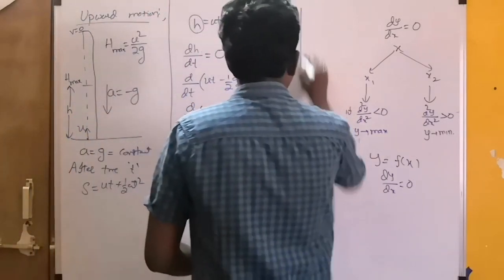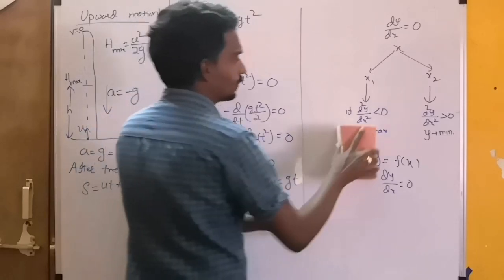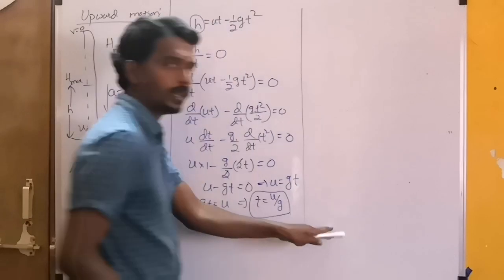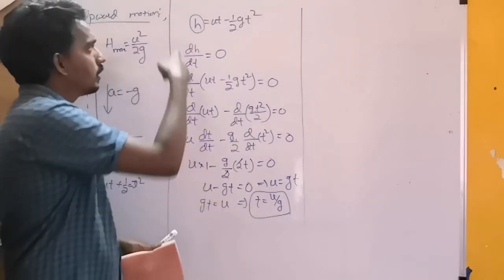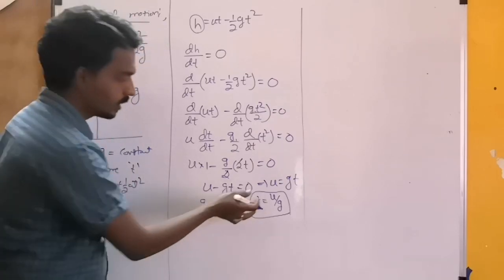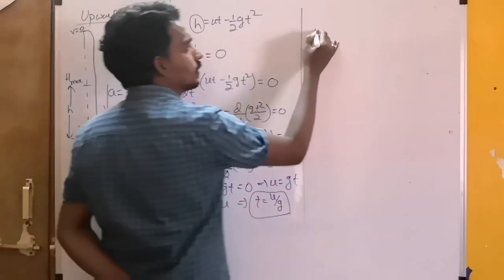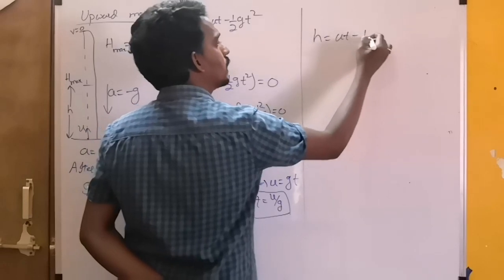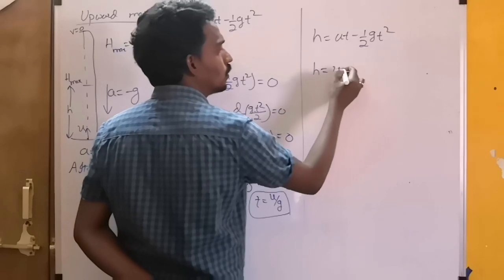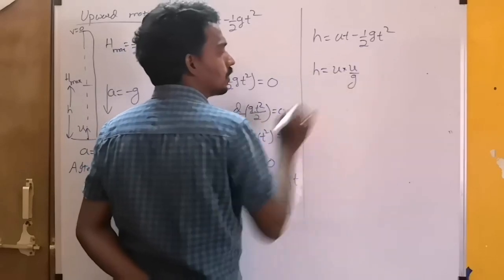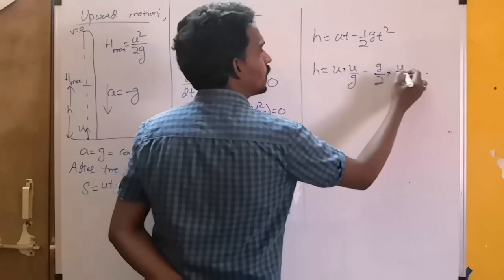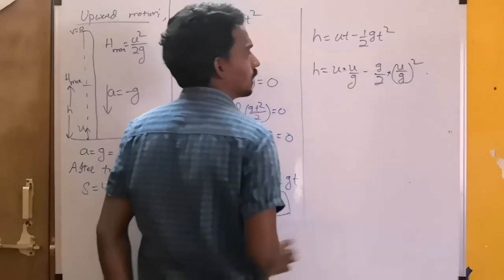Directly what you have to do? Now here this condition is not needed. So we got for which value of variable the function will become maximum. What is the value? t equal to u by g. Substitute here. h equal to ut minus half gt square. So h equal to u into t, which is u by g, minus g by 2 into t, which is u by g, whole square.